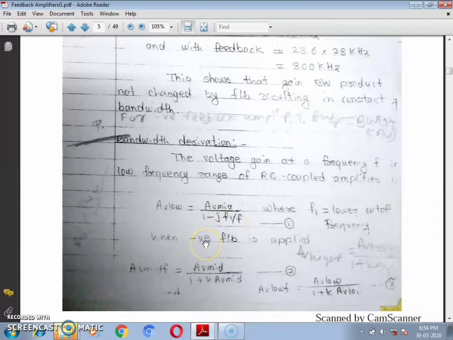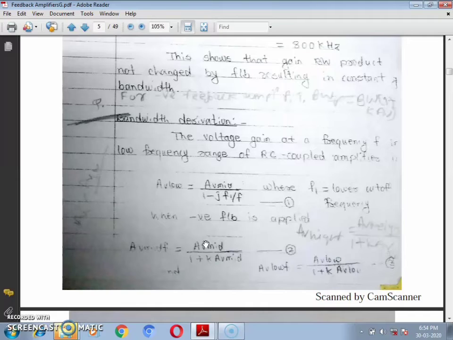When negative feedback is applied, what will happen? The AV at mid frequency is given by AV mid divided by 1 plus KAV mid, from the basic expression of a feedback amplifier, AVF equal to AV divided by 1 plus KAV. Similarly, we will have AVF at low frequency given as AV low divided by 1 plus KAV.